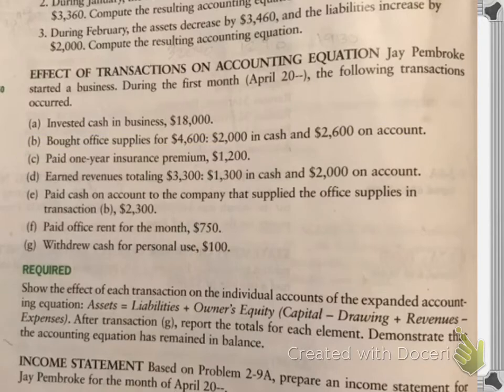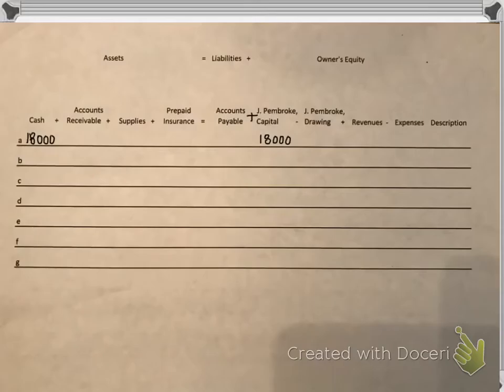So that would be accounts payable. So the accounts that are affected in transaction B are cash, supplies, and accounts payable. You have 2 asset accounts affected and 1 liability account.